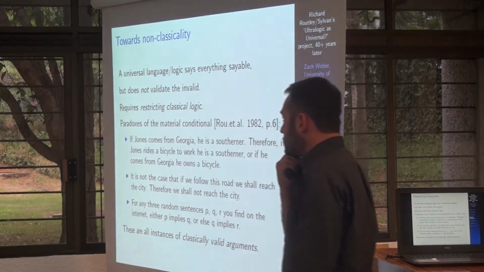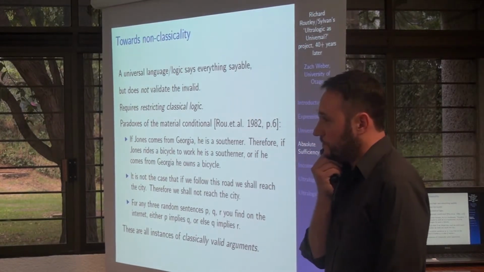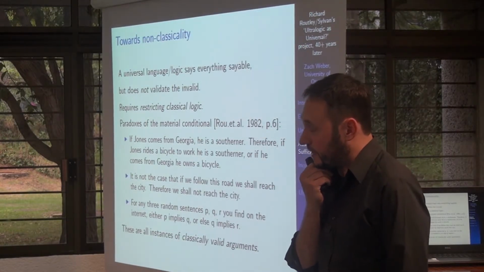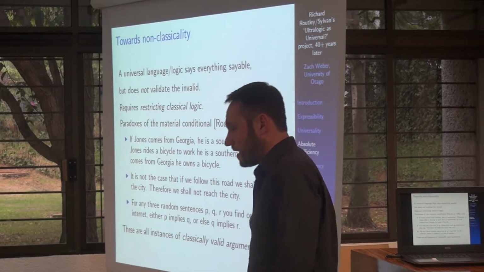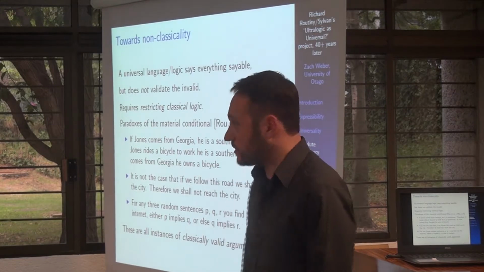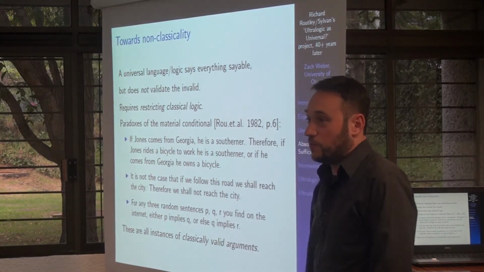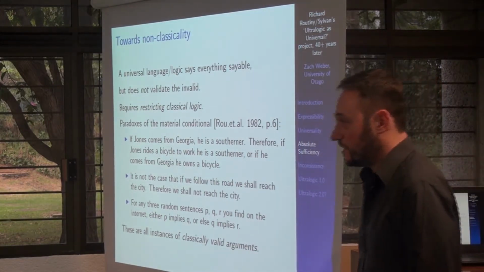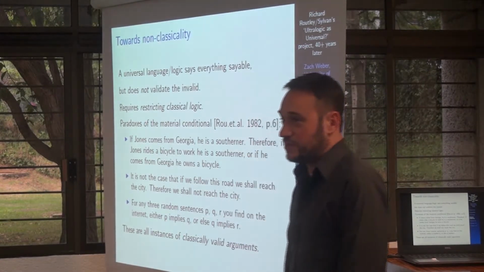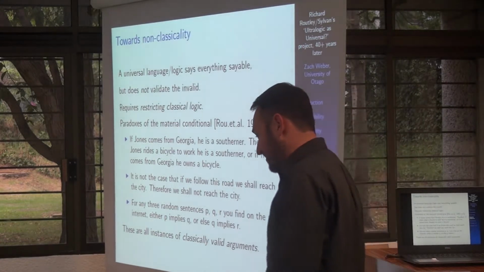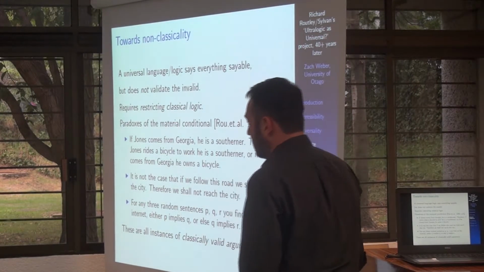So the idea is that a universal language can say everything sayable. It also should not validate the invalid. So Routley thinks that that requires restricting classical logic in various ways, and I won't tell this audience at any great length about that. Just in case you need some reminding, there's this thing called the material conditional, and it's a really bad account of the conditional.